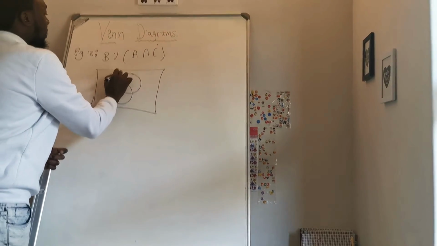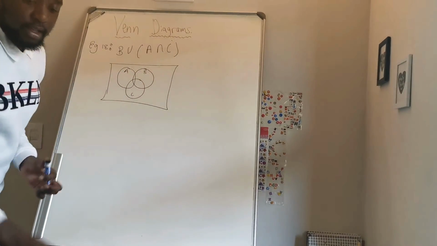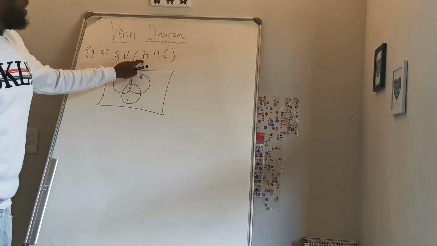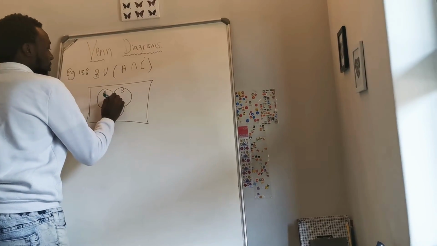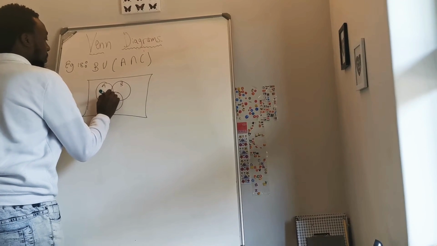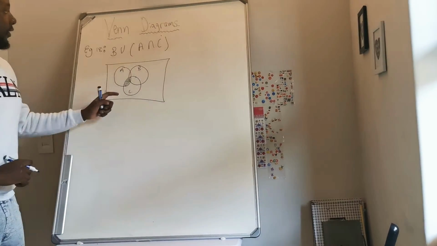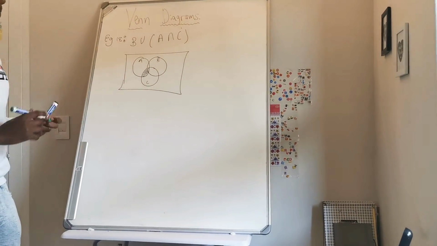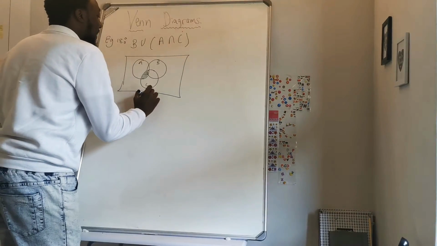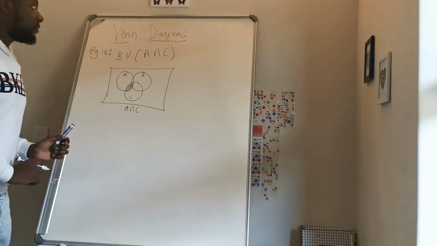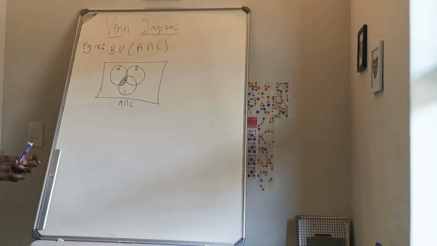So if this is A, that's B, and that's C, then what is A intersecting C? A intersecting C is this small area right here. I hope you can see it. Right, it's that small area there. Let me label this. That's A intersecting C. But this needs to be union with B now.